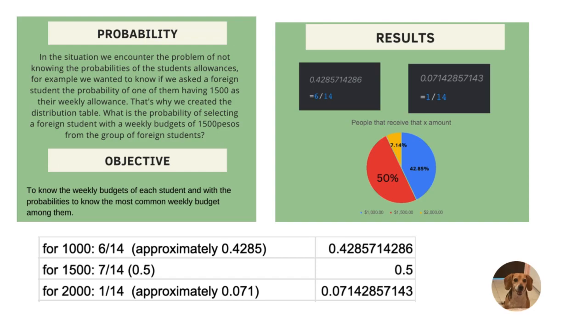So 7 people out of the 14, which is 50%, said that they received a weekly allowance of 1,500 pesos. And 1 out of the 14 people, which is approximately 0.071, or 7.1%, said that they received 2,000 pesos.